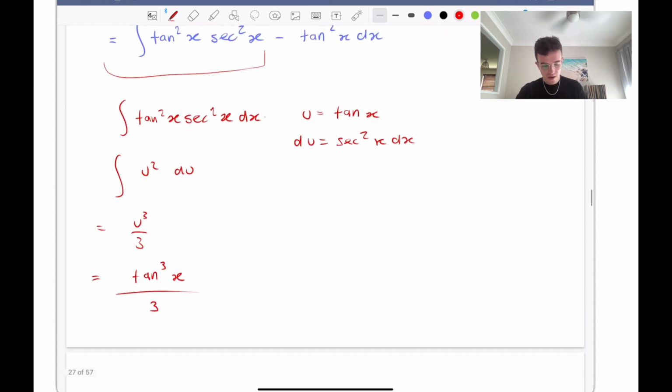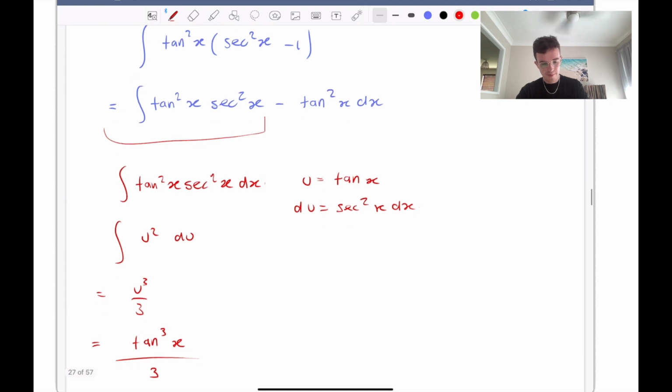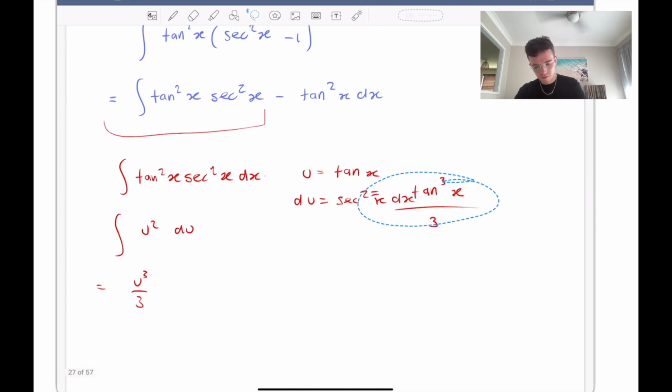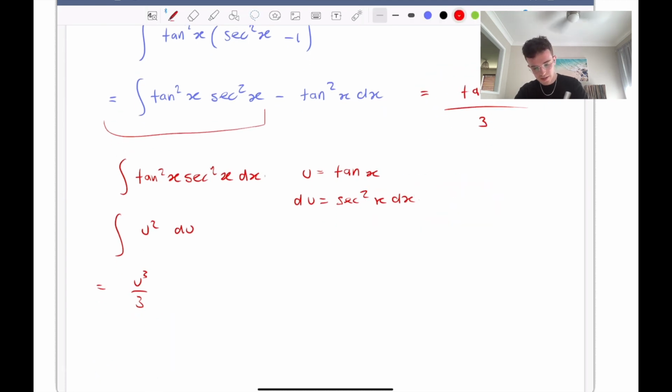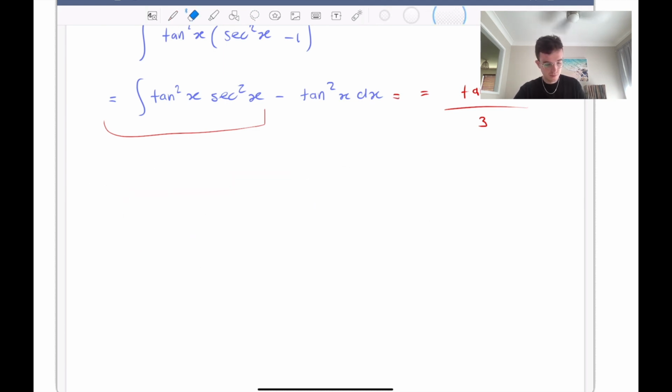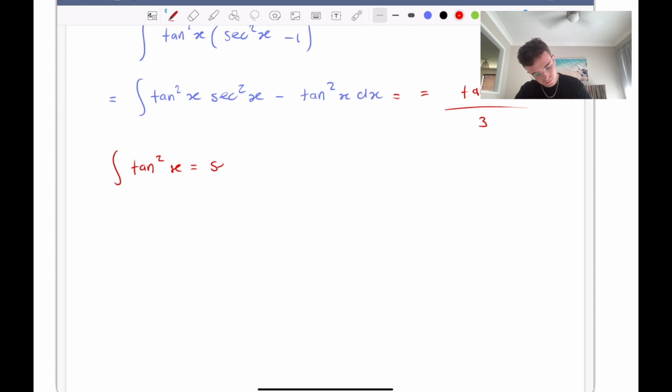Now for tan squared of x, I might do some rubbing out. I'm going to put this over here, write an equals sign here, and rub all this out. Let's do the integral of tan squared of x. Well, I know that that's equal to sec squared x minus 1.